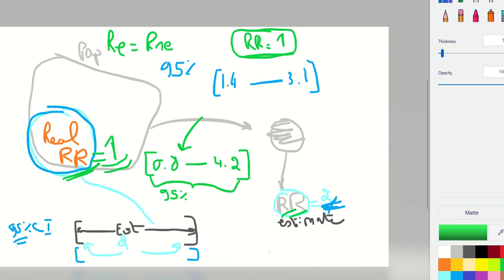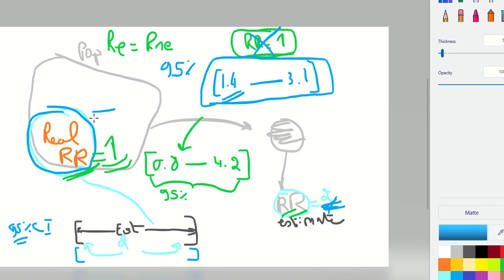However, if we come back to the example where your confidence interval did not include 1, then value 1 in this instance is not a value that is considerable. Even as low as 1.4, your relative risk is still different than 1.